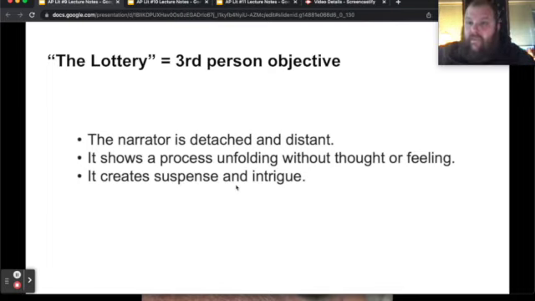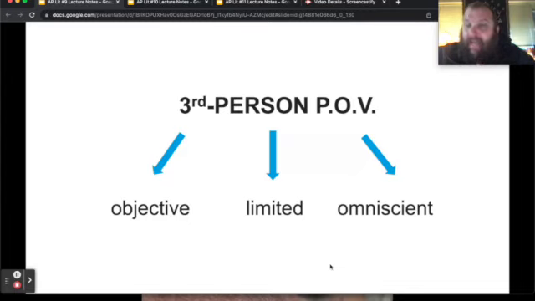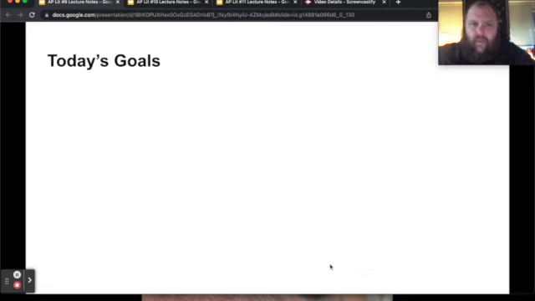That can be a limitation or a strength depending on the point of the narration, the reader, the interpretation, etc. All right. So that can be said for all three of these too: objective, limited, omniscient. Those are the strengths and the weaknesses.